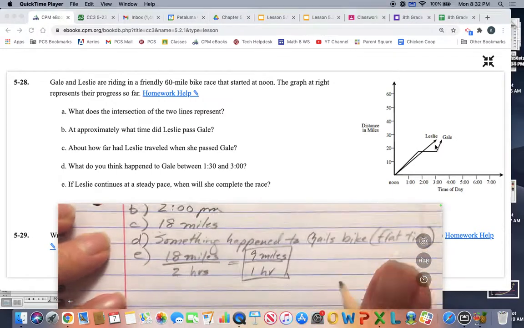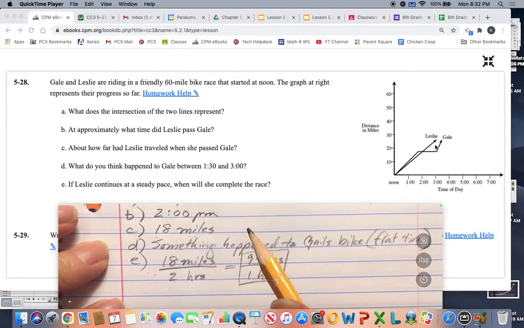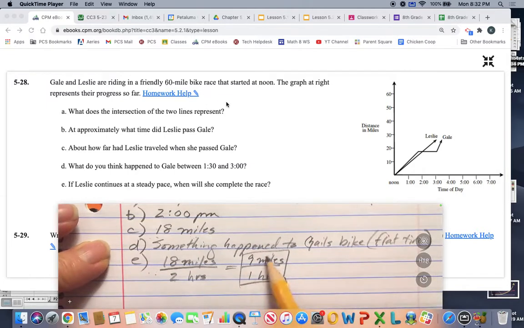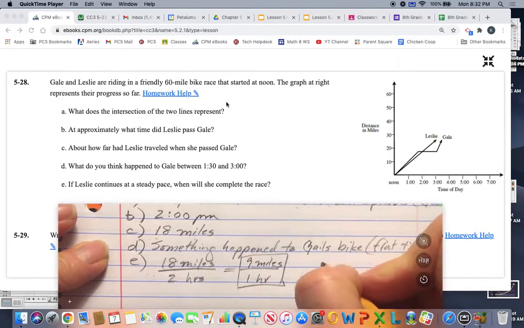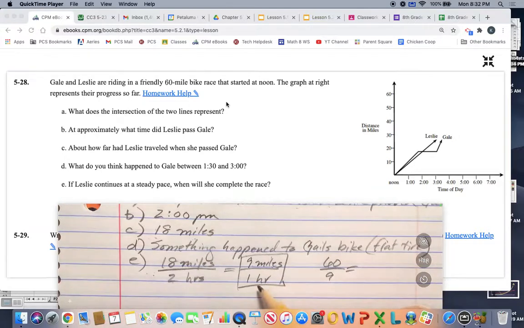And let's see, we want to know when she will complete the race. And the race, if you look up at the question again, is a 60-mile bike race. So if we divide 60 by 9, we will find out how many hours, because she can go 9 miles in 1 hour.